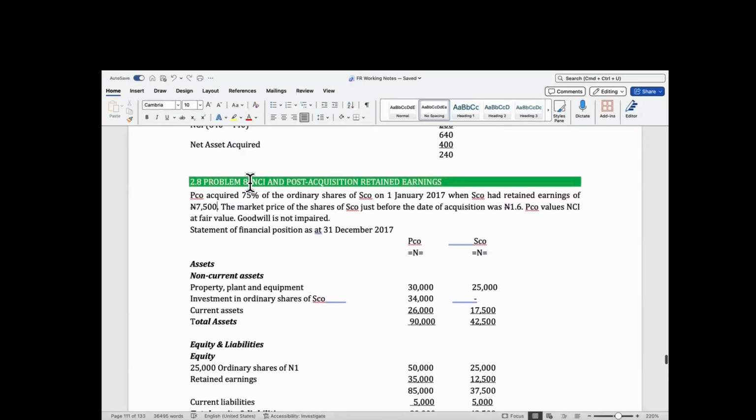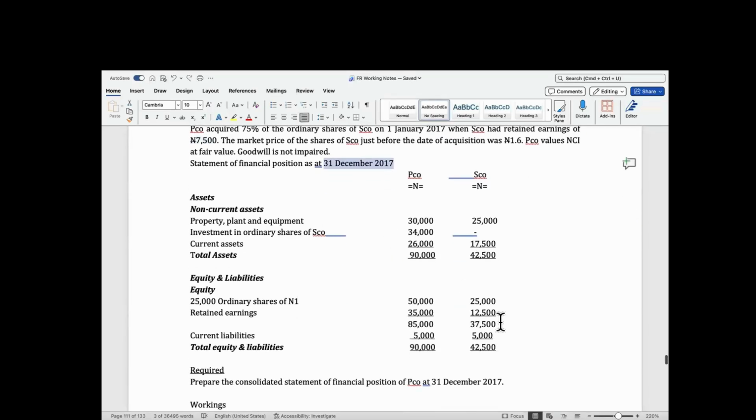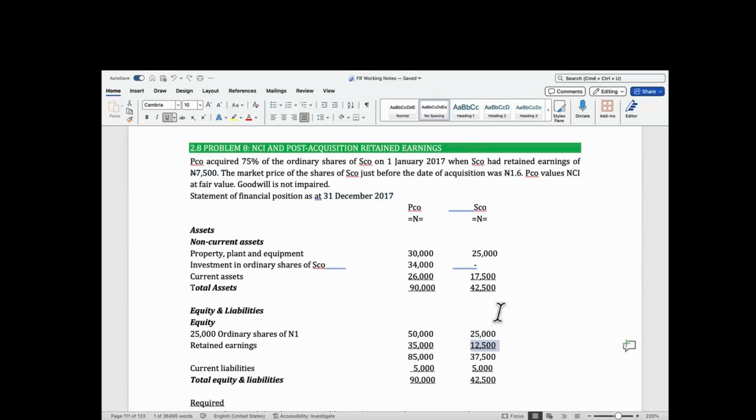So again, I bought 75% holding in this case on 4th January 2017. And on this date, the retained earnings of the subsidiary is 7,500. Why they are giving me this is because the statement of financial position they gave me is as at another date, at a future date, which is December, which shows that these retained earnings would include the retained earnings at the date of acquisition.